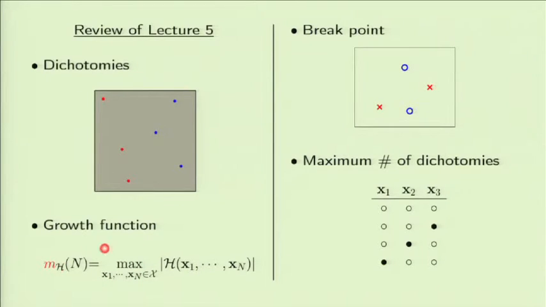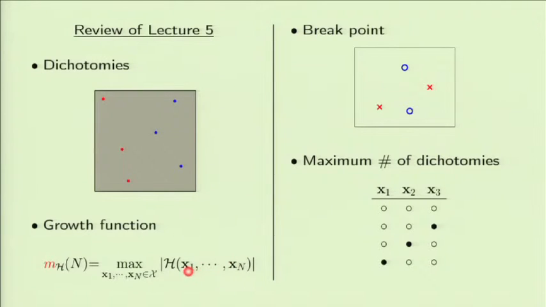The growth function is you pick the points x1 up to xn. You pick them wisely with a view to maximizing the dichotomies such that the number you get will be more than any number another person gets with n points. That's the purpose. So you take your hypothesis set, which applies to the entire input space, and then apply it only to x1 up to xn. Okay?